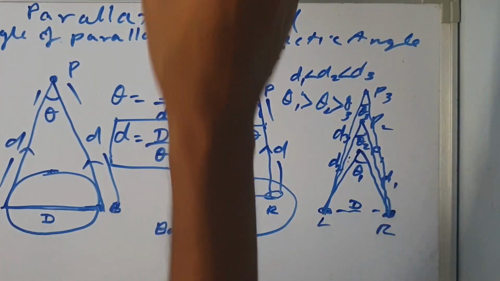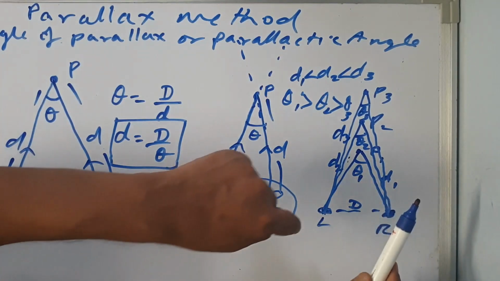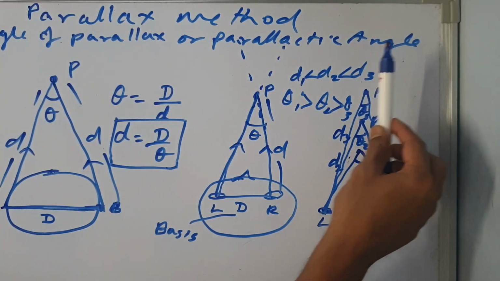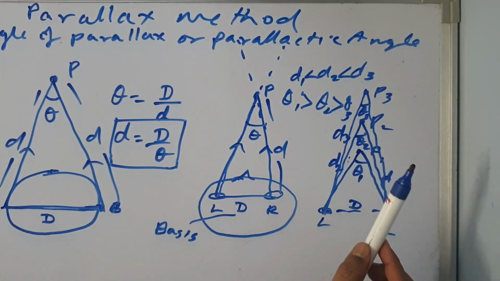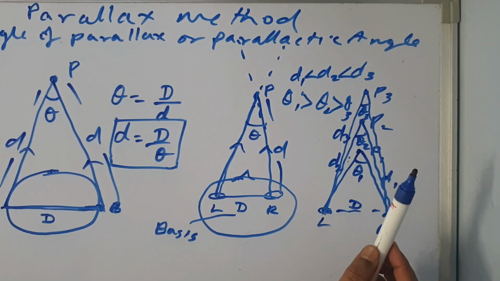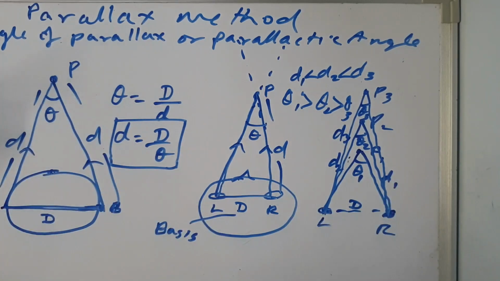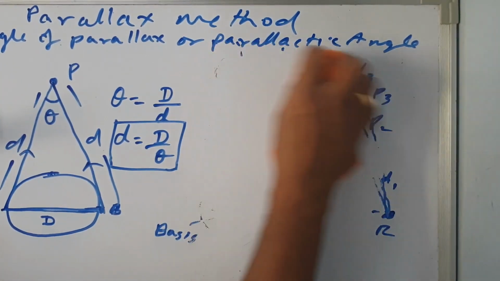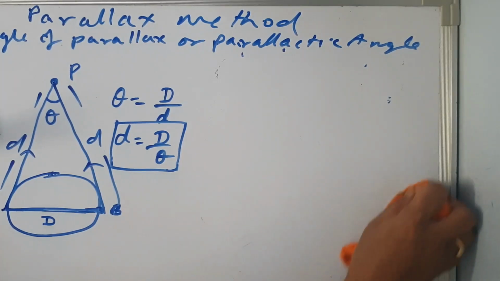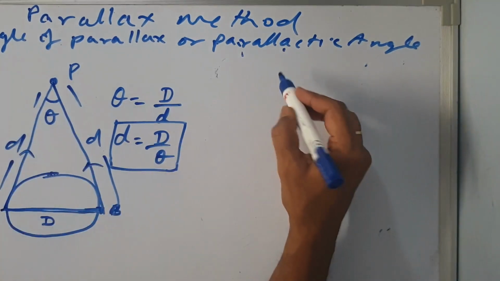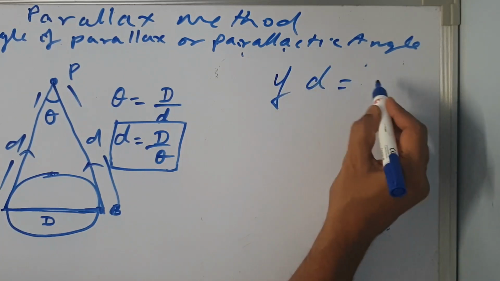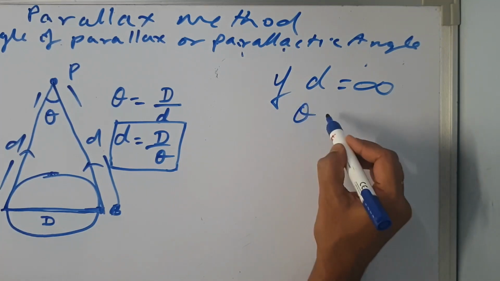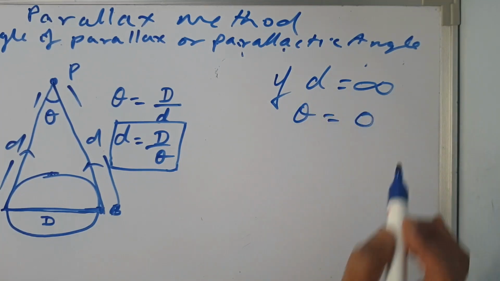If you keep an object at infinite distance from you, then through your left eye you have to look straight, and through your right eye also you have to look straight. That means the angle of parallax between the two directions is 0. Is that clear? It means if d is infinity, then theta equals 0.